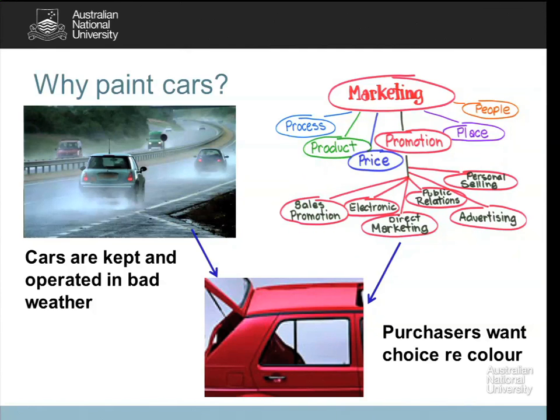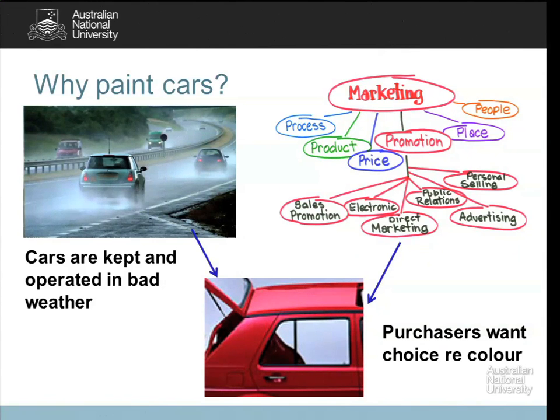In the case of painting a car, well, first thing is, I guess, that cars are kept and usually operated in adverse weather conditions, so rain, storms, that kind of thing. So they're painted in order to protect them, stop them corroding. There's a purpose for the painting, which is about the context within which the car is operated. If the car was being operated indoors, then you may not need to paint it.